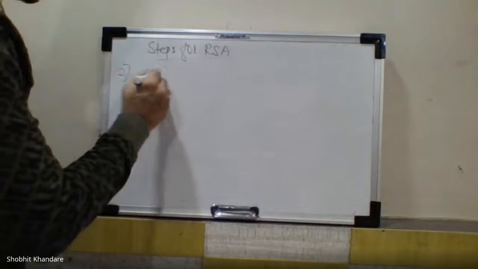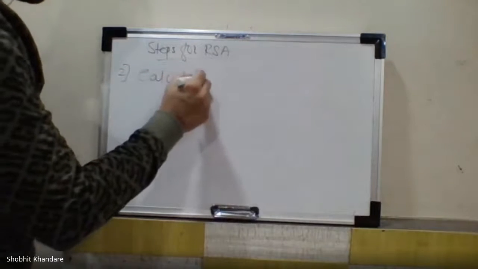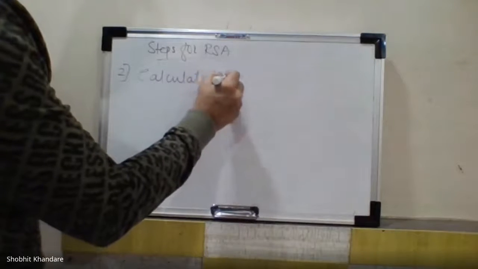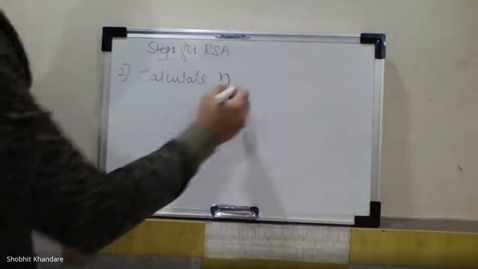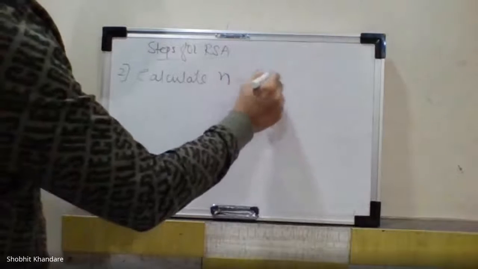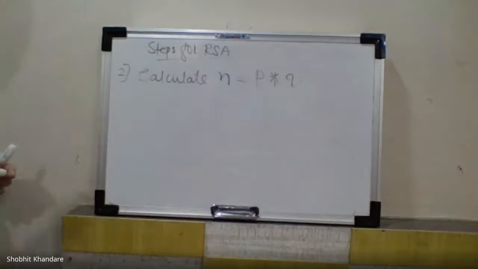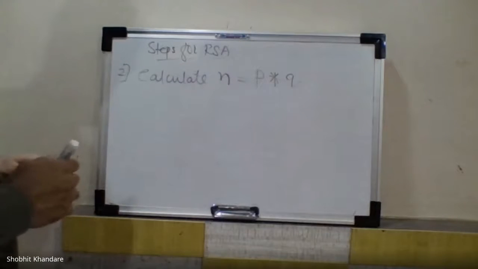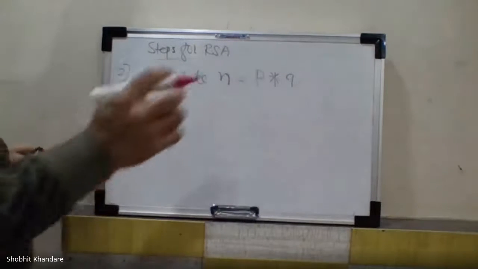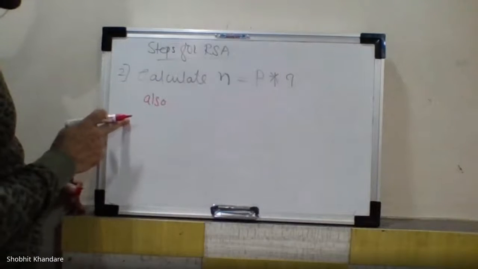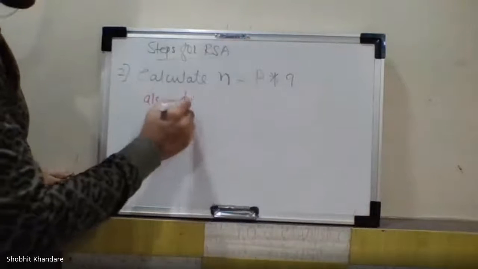The second one is calculate n, small n. Calculate small n equals P into Q. Also, in the same point, phi of n.